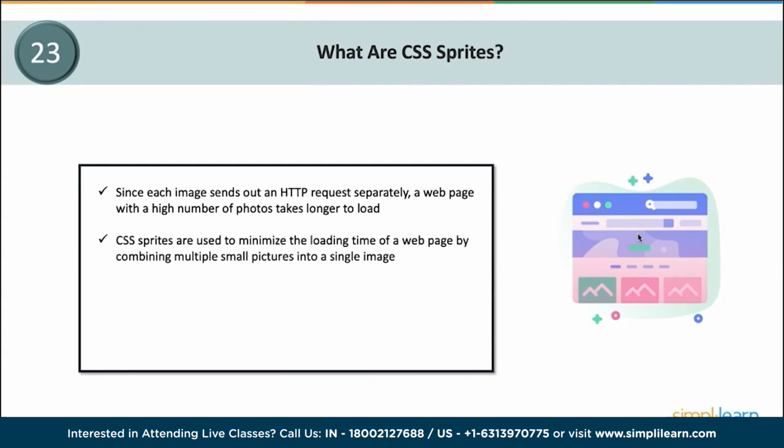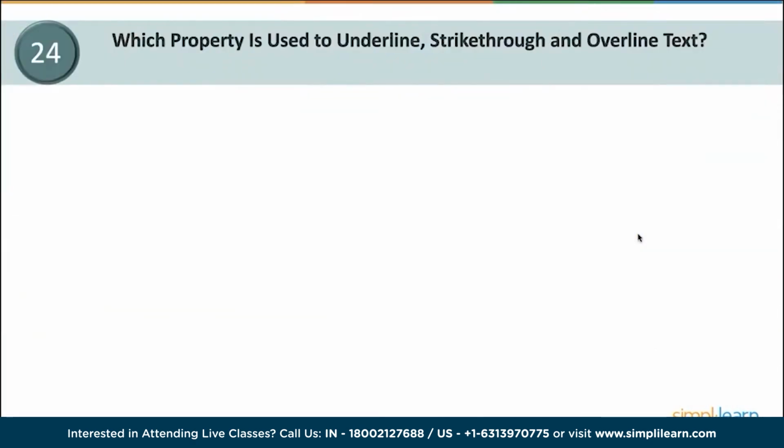So it is good to download this larger image in a single shot and utilize the pieces as per your convenience within your application. It is used to minimize the loading time of your web page by combining multiple smaller pictures into a single image. That's what CSS sprites are.